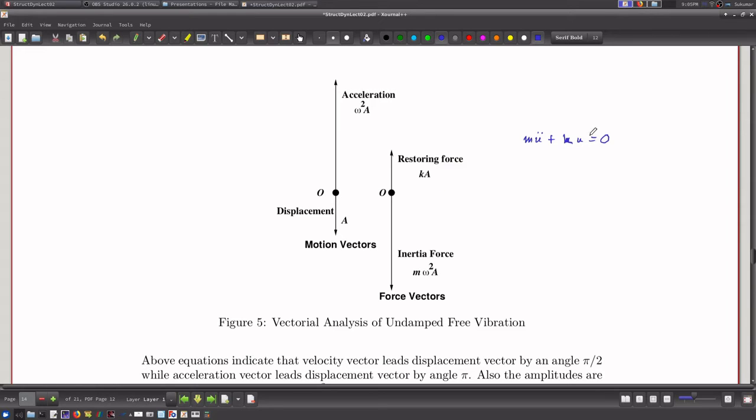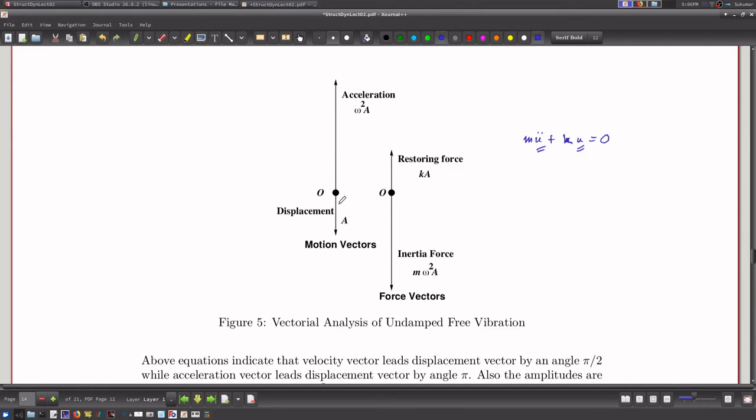And therefore I have an acceleration vector and a displacement vector, and we have already seen that the acceleration vector and displacement vector are 180 degrees out of phase. All right, therefore if my motion vector is this, then the acceleration vector is in the opposite direction. It is not opposite direction actually, but it is 180 degrees out of phase.